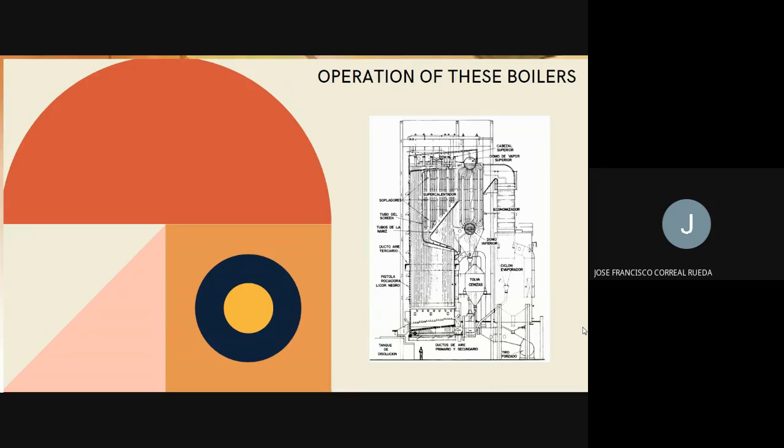For the generation of steam, there are two domes or drums that communicate with each other by vertical tubes that make up the steam generation bank. Finally, the combustion gas passes through the economizer before going out into the atmosphere, where the boiler feed water circulates before entering the steam dome.